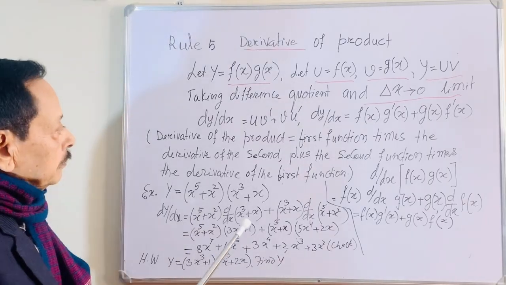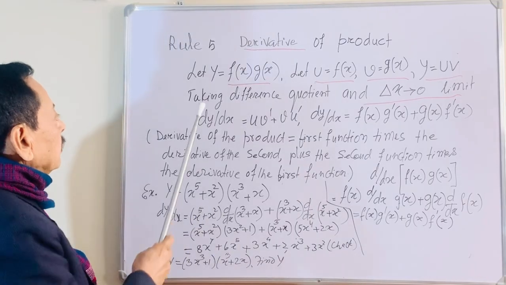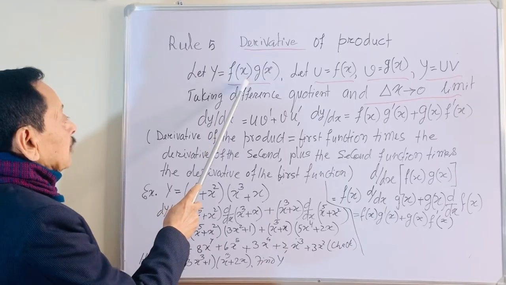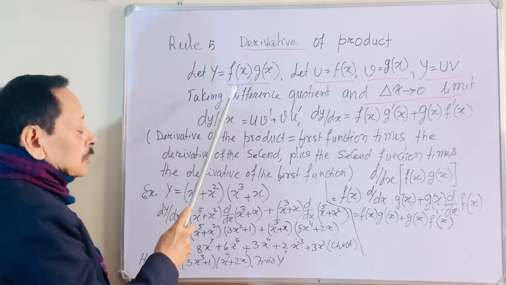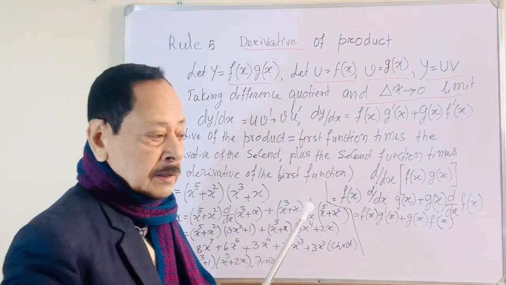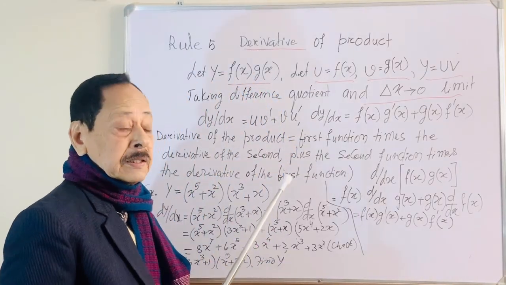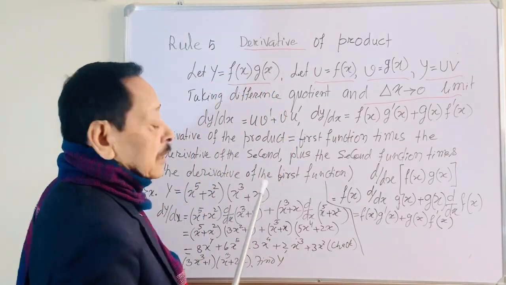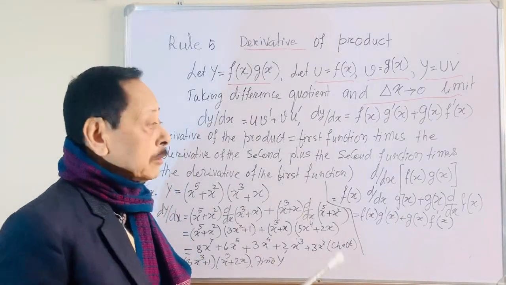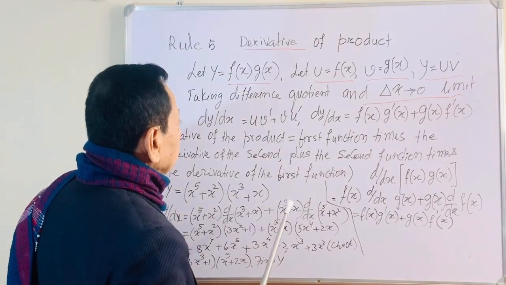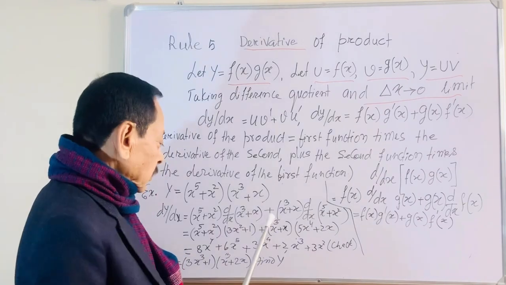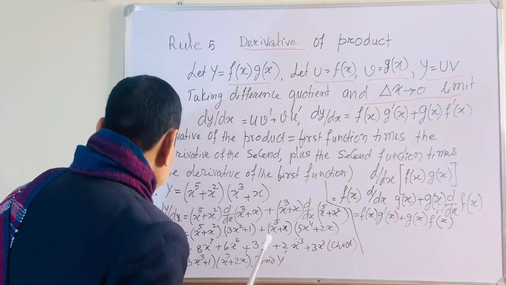So first we have to remember the rule that if it is in product form, its derivative will be the first function multiplied by the derivative of the second plus the second function multiplied by the derivative of the first. Then the calculations will be correct.